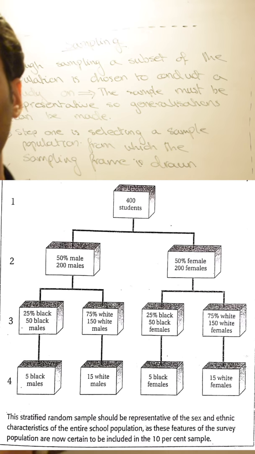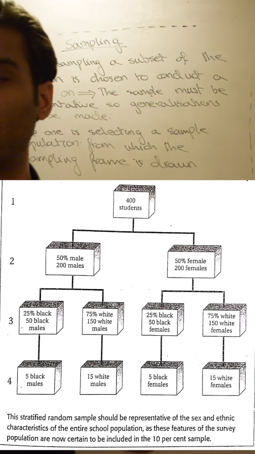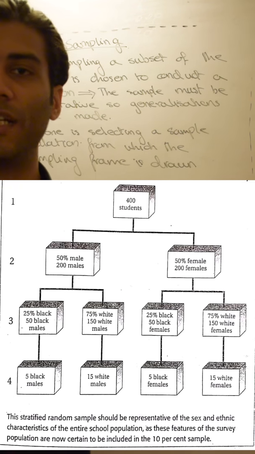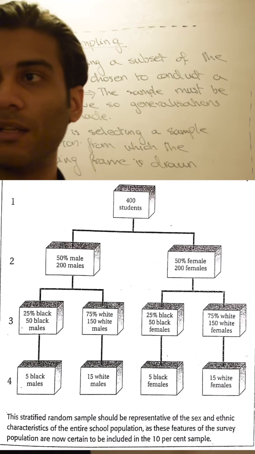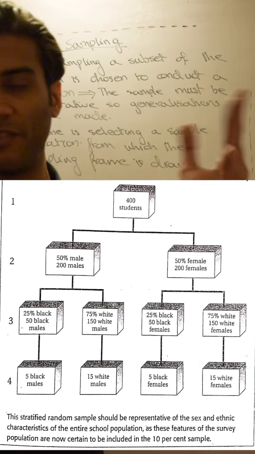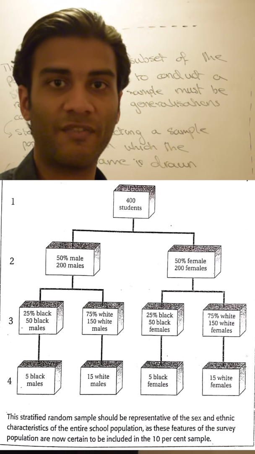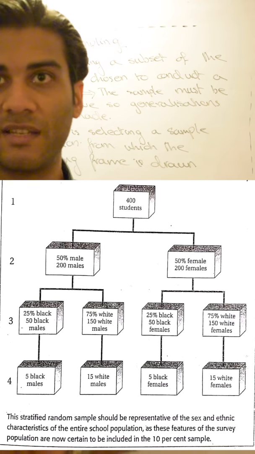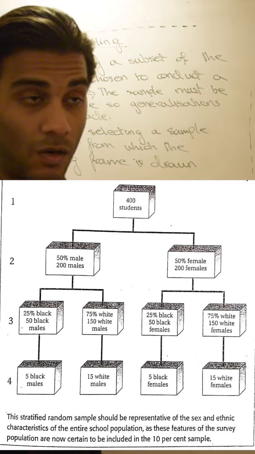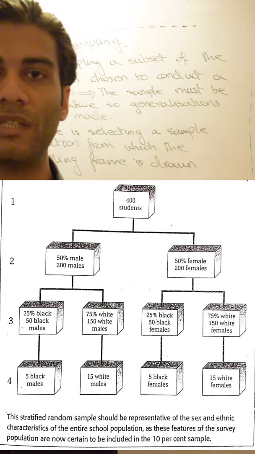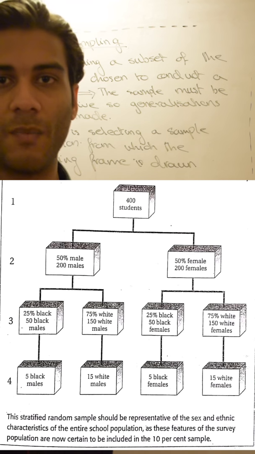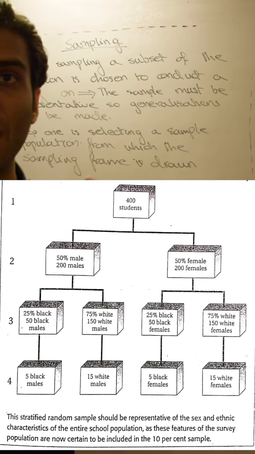So for example, let's say you have 400 students in a school. You break that down into 200 males, 200 females. That's a 50-50 split. You further break down the males into, let's say, 25% African American and 75% white students. And you do the same with the females, 25% African American females, 75% white females.